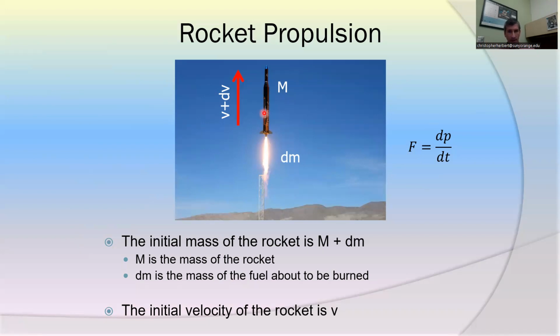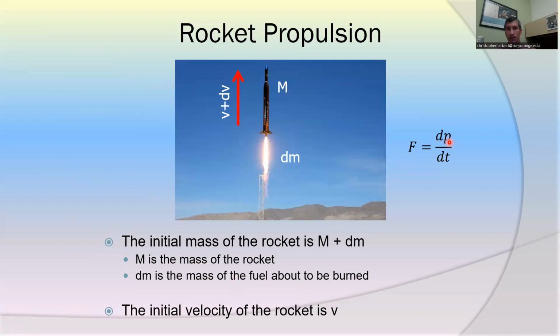So here we can see this is actually a model rocket. This model rocket has some mass, we'll call that big M, and it's giving off dm, which is an infinitesimal amount of mass given off in an infinitesimal amount of time. So what is the force that it experiences?